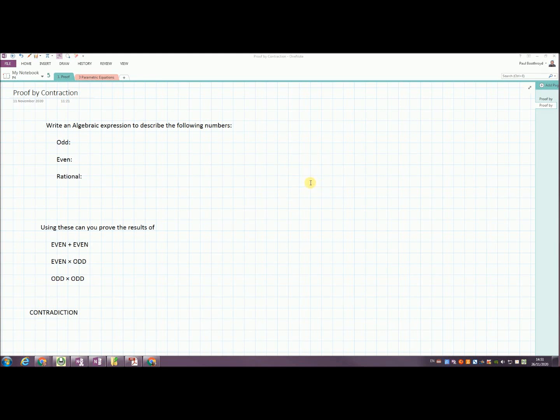Okay, this little session on proof, particularly proof by contradiction, is what they're talking about. But we set up a starting point, and it's handy to be able to write algebraic expressions for these common things: odd numbers, even numbers, rational numbers.